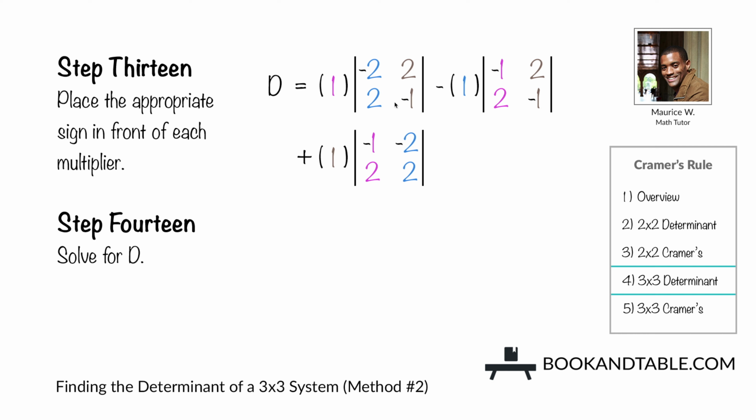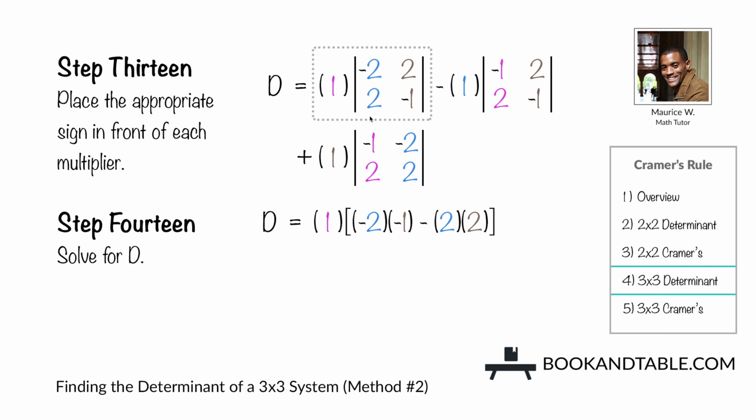So you want to calculate the determinant of the 2x2 the way you normally would, and then multiply that times the multiplier. So starting with this 2x2 here, we have 1 times, we find the determinant, so it's -2 times -1, minus 2 times 2.